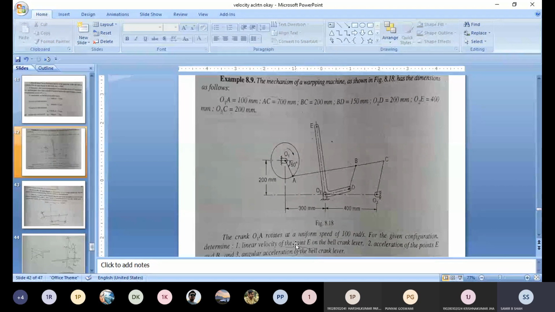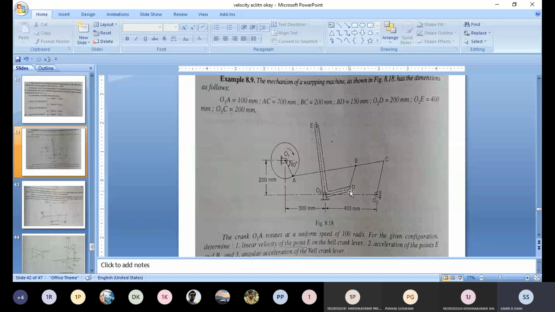As we know, this is a bell crank lever, and when we talk about the bell crank lever, it is considered as 90 degrees. So here the angle between DO2 and O2E is 90 degrees.